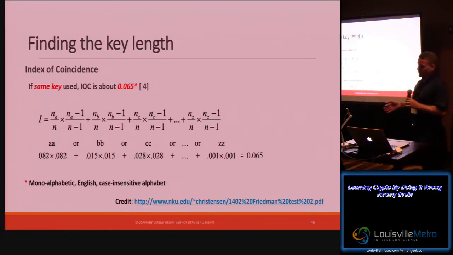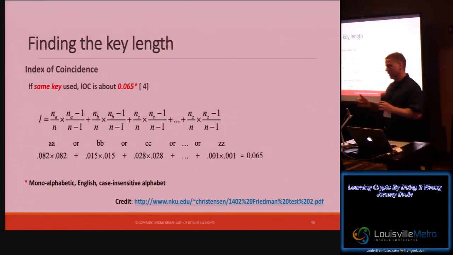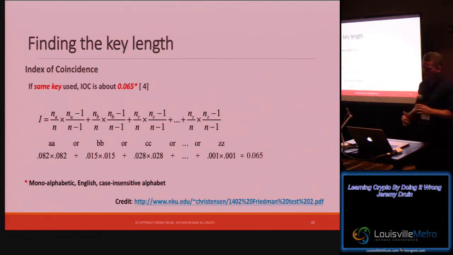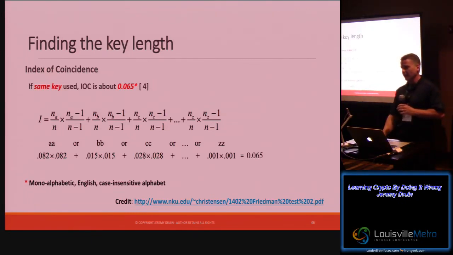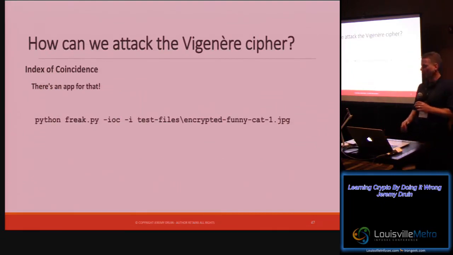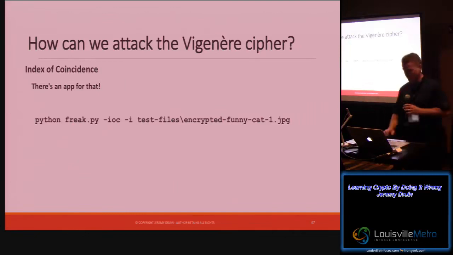Now, 0.065 is a lousy chance, admittedly, but it's double the chance of getting doubles if you don't get the columns aligned properly, if you haven't guessed the key length correctly. So although it's a lousy chance, it's still vastly different, statistically speaking, than the chance if you don't get the columns aligned right. Well, as you might imagine, this is a tremendous pain, right? So we'll just let the computer do it. Seriously, that's a lot of work.